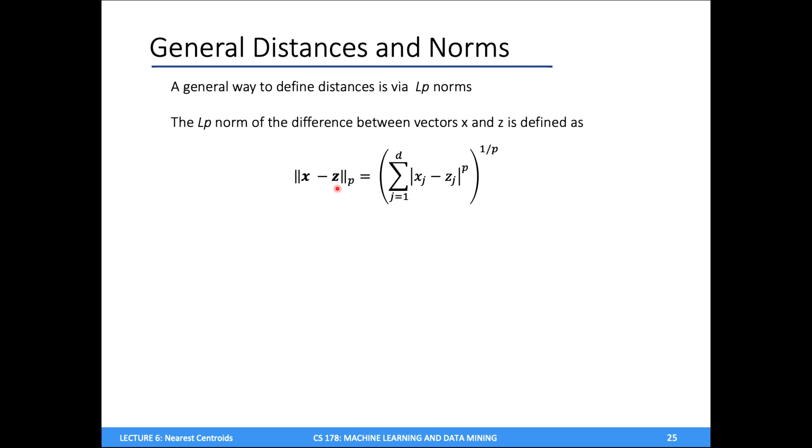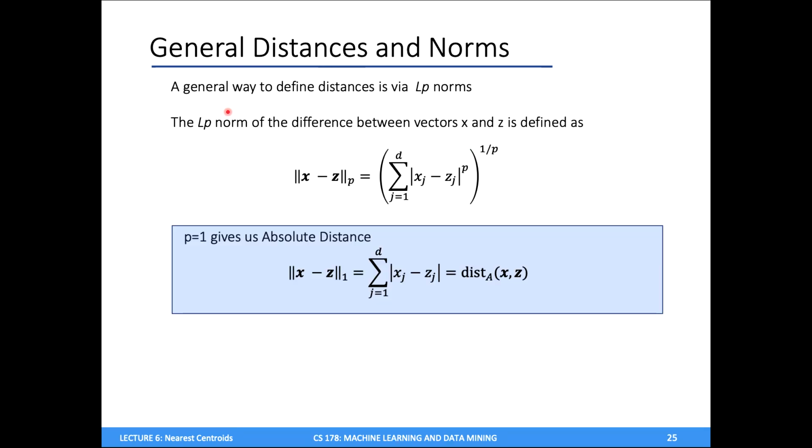So to get an LP distance, we simply apply this formula, which is the LP norm of x minus z. And if you expand out the definition of that, writing things in terms of the components, it's this formula on the right. We look at the difference between the components of our vectors, raise them to the pth power, sum them up, and then raise the whole thing to the 1 over pth power.